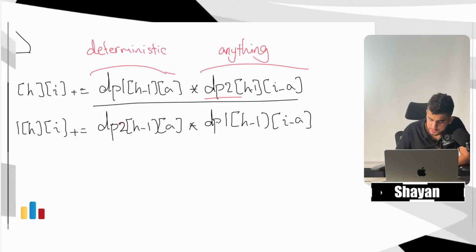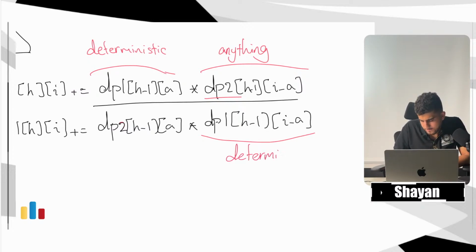Because this time the right side needs to be deterministic, and the left child does not need to be deterministic, it can be anything.